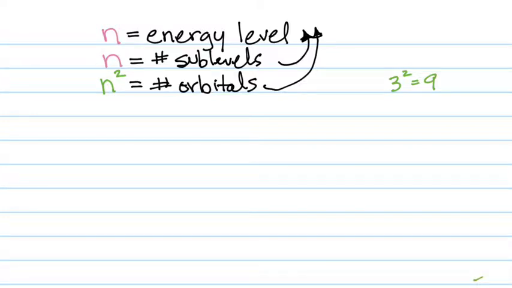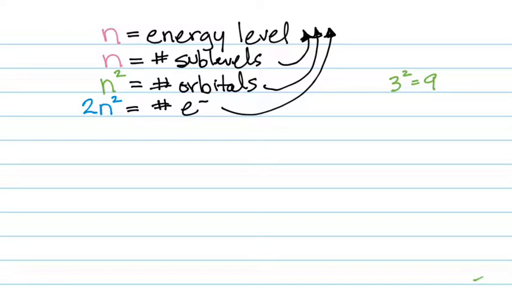And for the last one, getting to those electrons. How many electrons can live on a particular main energy level? And the calculation here is 2n squared. Now, your order of operations, you have to square n first, since that's an exponent, before you multiply times 2.